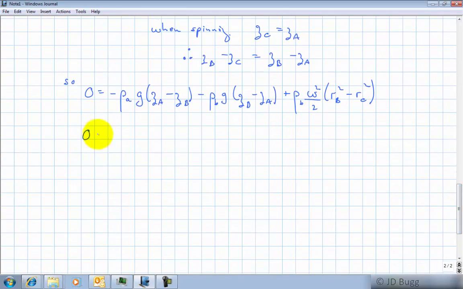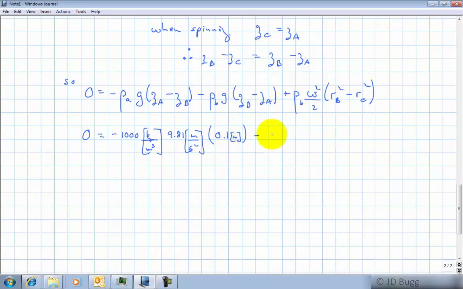So we have 0 here. Rho A is 1,000, so minus 1,000 kilograms per meter cubed. Units go in whenever numbers go in. G is 9.81 meters per second squared. ZA minus ZB is just 0.1 meters.